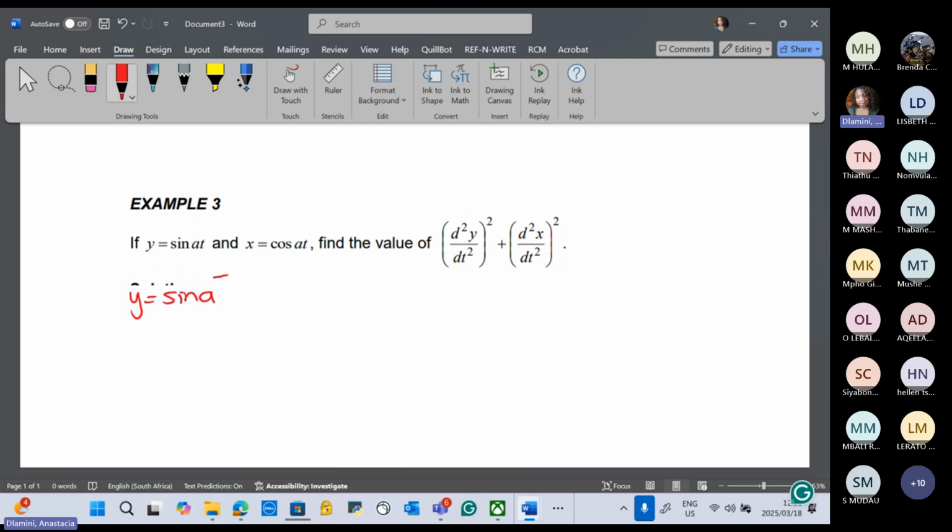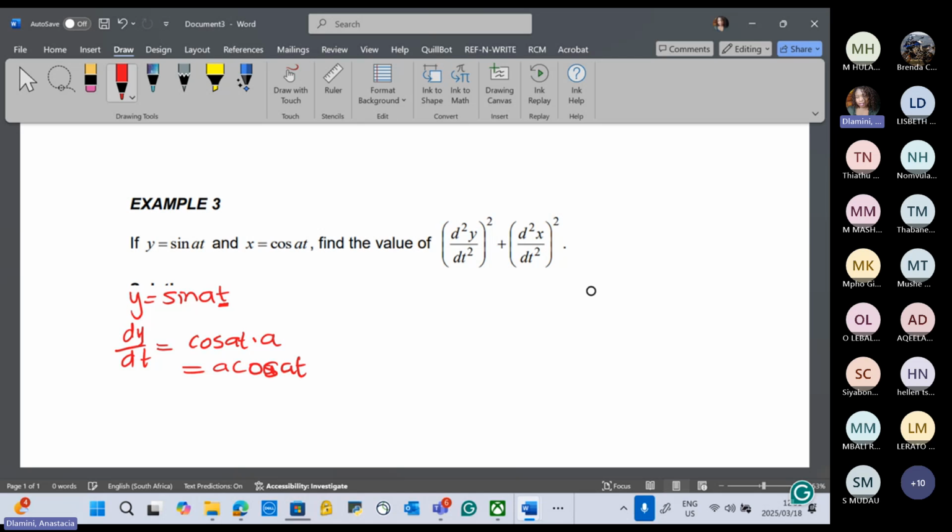Then they want the second derivative, meaning I have to go say dy over dt. Why am I saying dt? Because it's a function of t. So this is equal to cos of at times a, so this is equal to a cos of at.